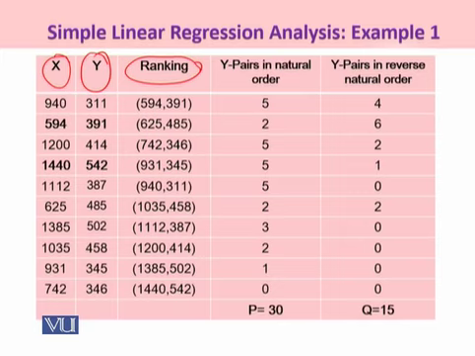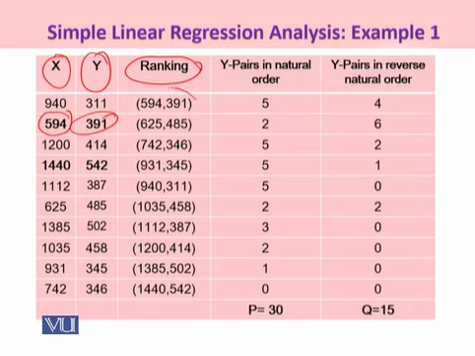For instance, if you scan the x sample, the minimal value we have under x is 594. If you look at its y pair, you will pick it as it is. So according to the Kendall's tau procedure, the values of y are ranked according to x.